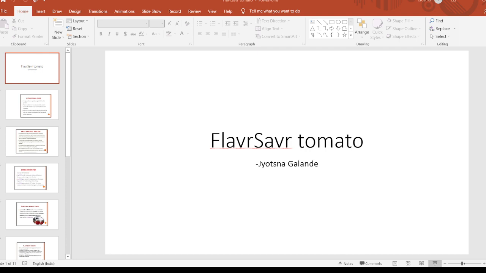Due to degradation of chlorophyll, the green color disappears and you will observe a different color, right? In mango you will find yellow color, in tomato it will be red, and in different fruits you will observe different colors.